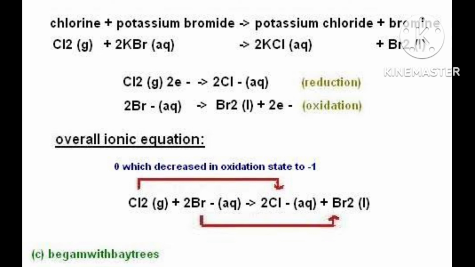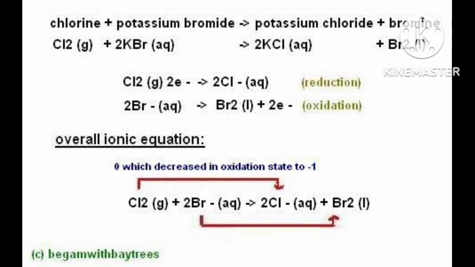Magnesium was 0, now it becomes +2. Chlorine was -1 on the right side and the left side also -1, meaning there is no change in the chlorine atom's oxidation number. But others are changing, thallium is changing, magnesium is changing. That's why it is a redox reaction.